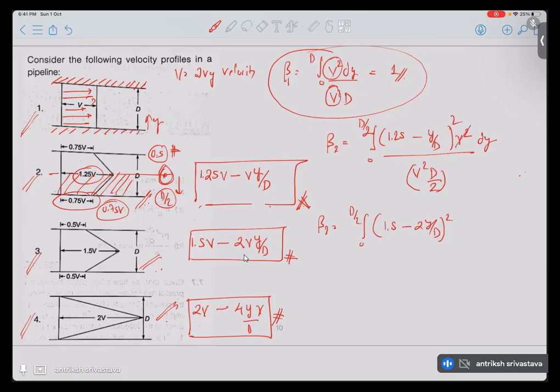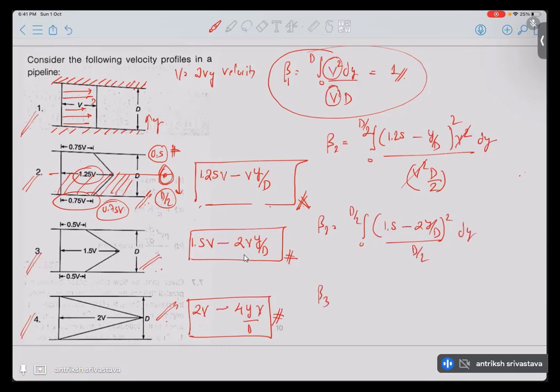Then v square we can cancel out for the rest, and we keep d by 2 here.